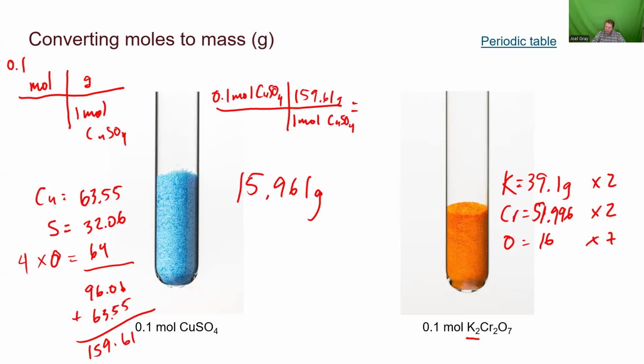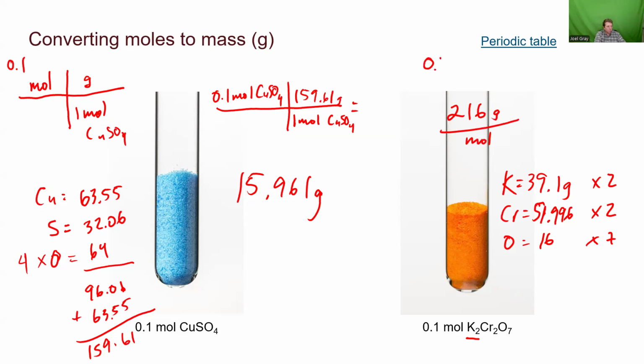Plus, and you know what? I'm going to round that 51.996 to 52. So I'm going to add that to 104. Plus 7 times 16 is 112. So I'm looking at a mass of 216 grams per mole.